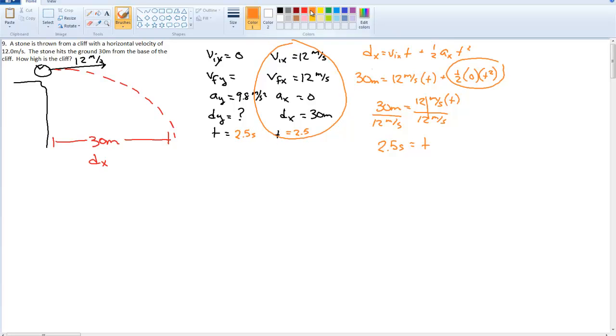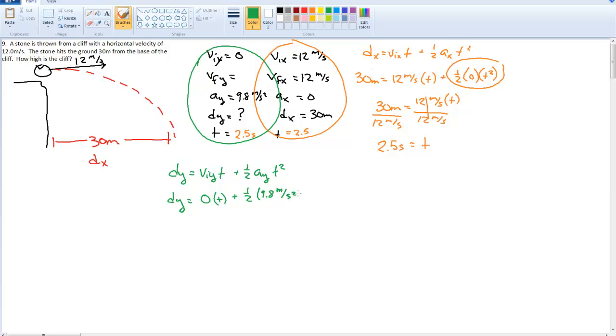And now I can use these variables and solve for dy. So dy equals VIY times t plus 1/2 ay times t squared. dy we don't know. VIY is 0 times t plus 1/2 9.8 meters per second squared times t squared.